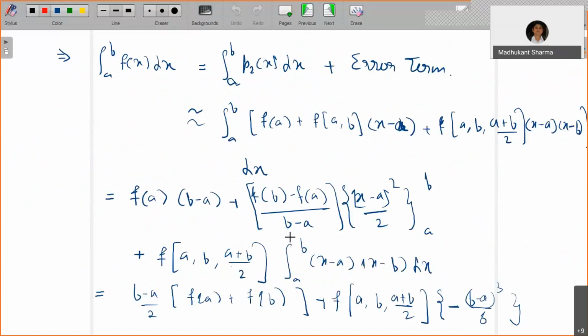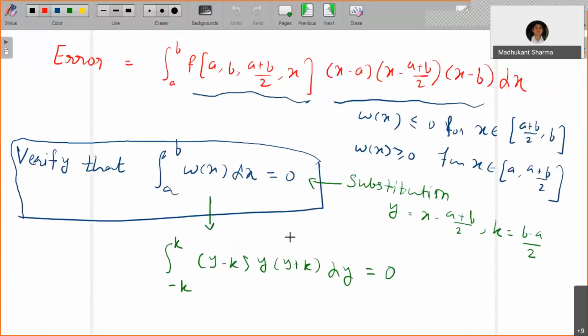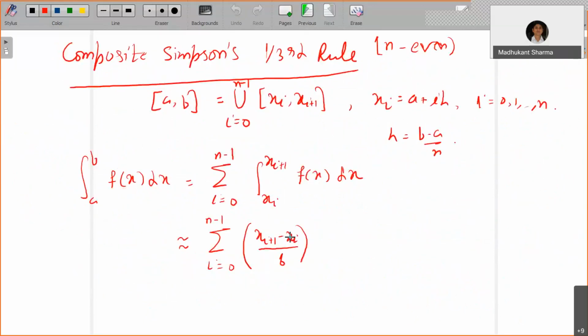So b minus a by 6 times f of a plus 4 times f of the midpoint value. So let me write this: it equals xi plus 1 minus xi by 6 times f at xi plus 4 times f at the midpoint value xi plus 1 by 2 plus f at xi plus 1.